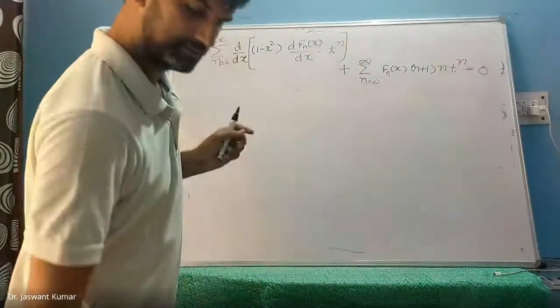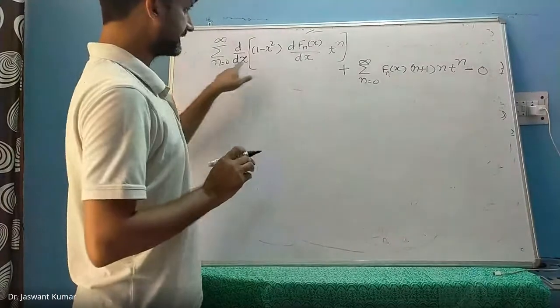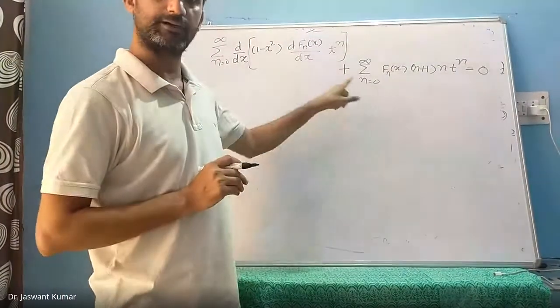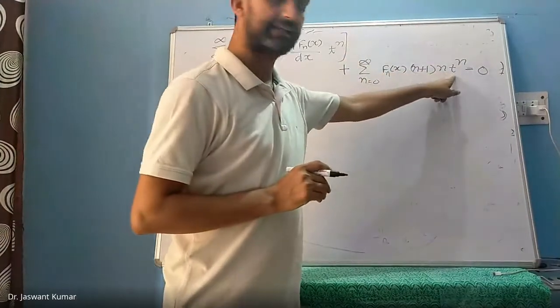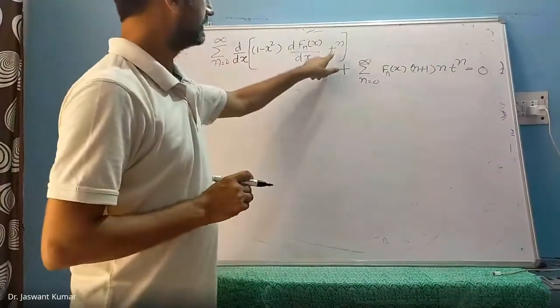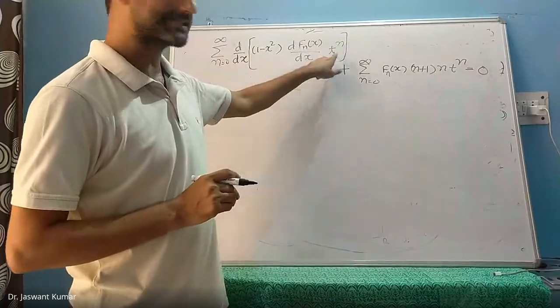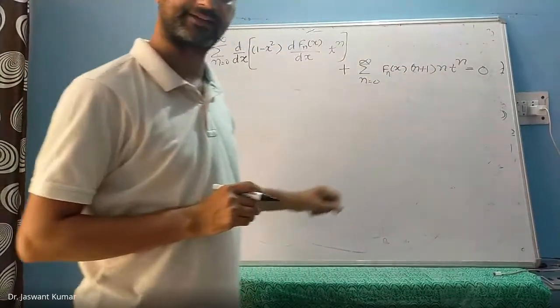Okay. So now in the first and the second term, there is this summation over n, which is going from 0 to infinity, and there is a common term which is t to the power n. t to the power n is present in the first term, it is present in the second term as well.